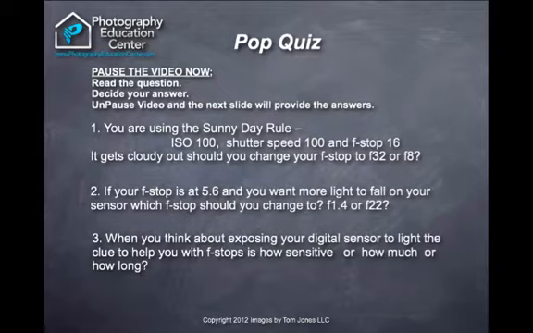If your f-stop is at 5.6 and you want more light to fall on your sensor, which f-stop should you change to, f14 or f22? 3. When you think about exposing your digital sensor to light, the clue to help you with f-stops is how sensitive, or how much, or how long.